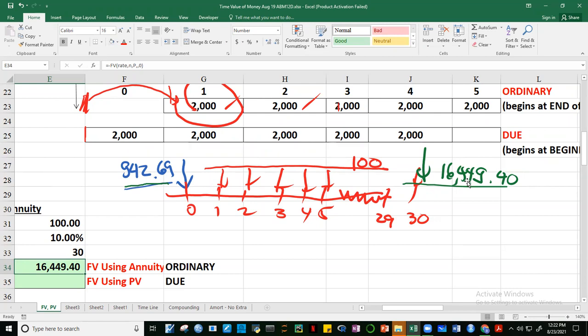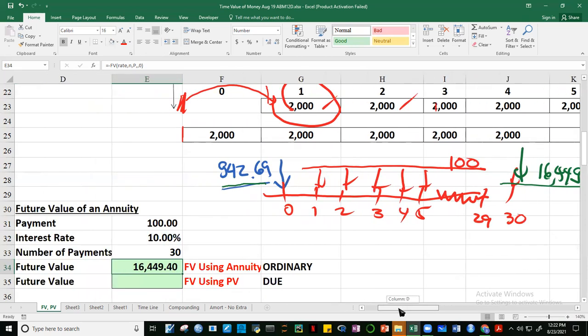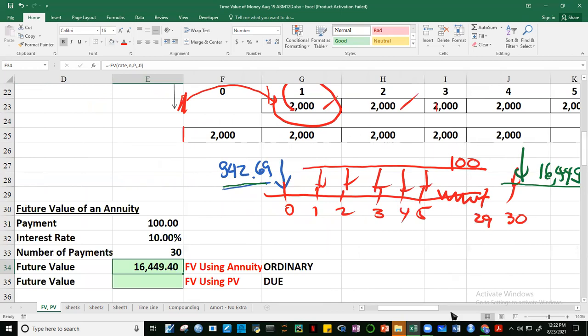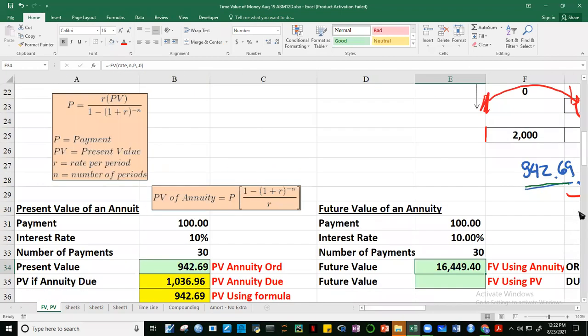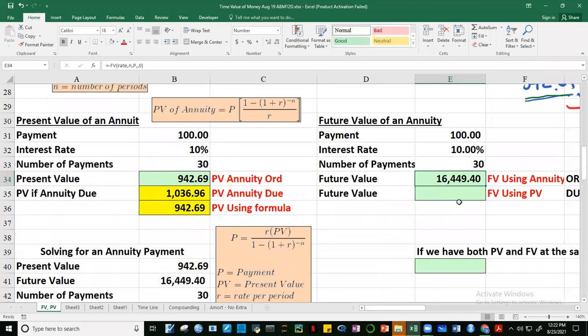Diba? If the present value is equivalent to that 100 annuity and the future value is equivalent to that 100 annuity, then dapat yung present value natin should be equivalent also to the future value 16449.